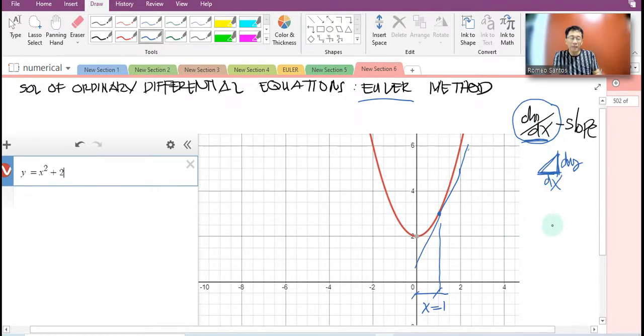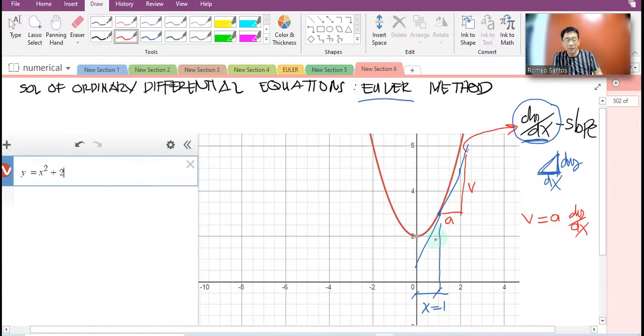So, for any line here, for example, if you want to know this vertical distance, and let us say the horizontal distance is a, knowing the slope of this line, the vertical distance is equal to a times dy/dx. How did that happen?